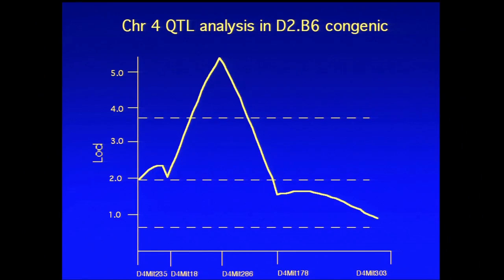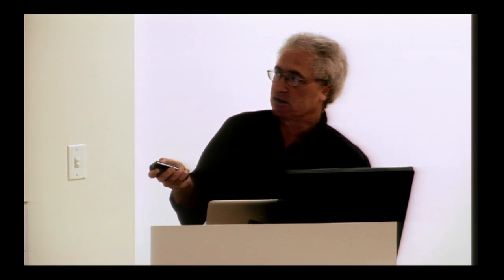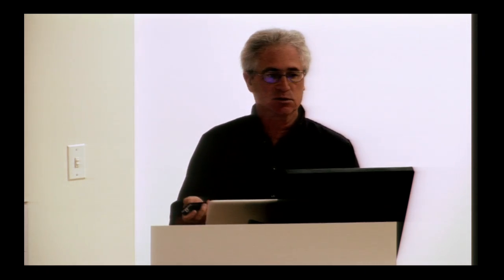And so this is consistent with that model. If you have humans who have a variation in polycystic kidney disease, you're not going to get this type of LOD score for a QTL. And so that was the driving theme in QTL analysis in the mouse in the long term.